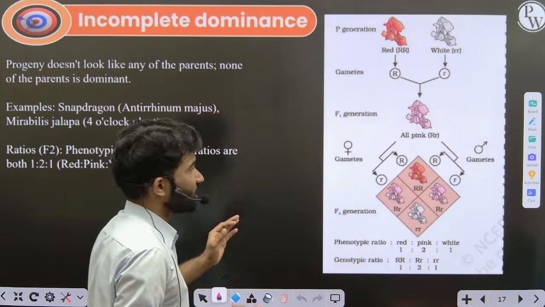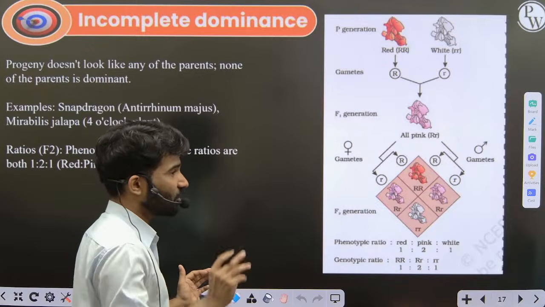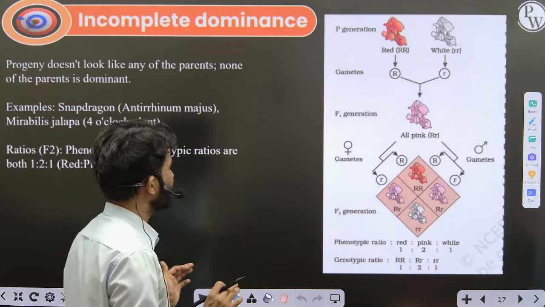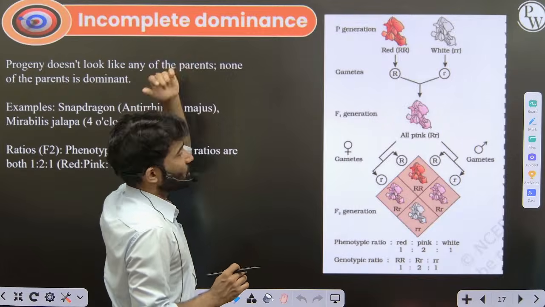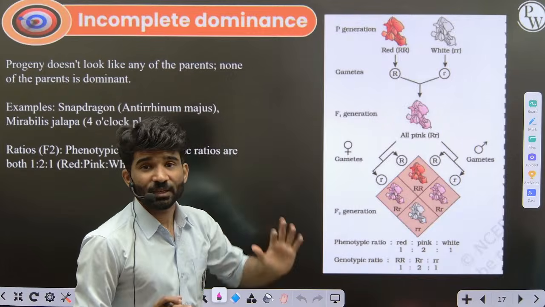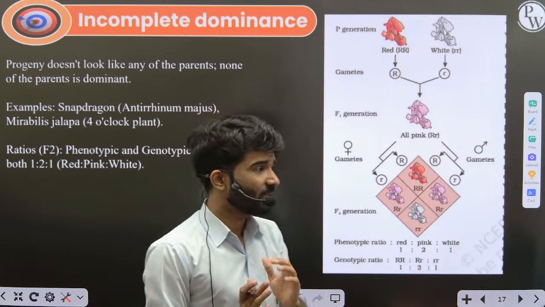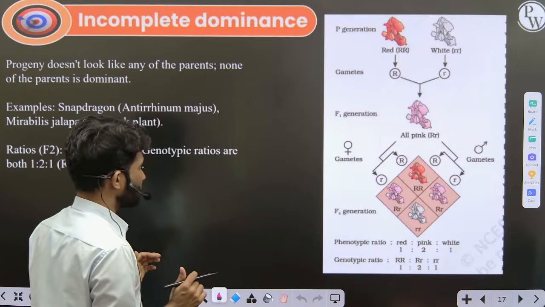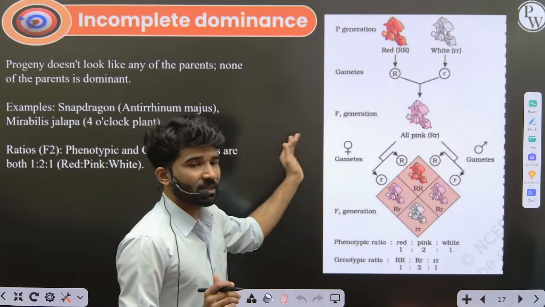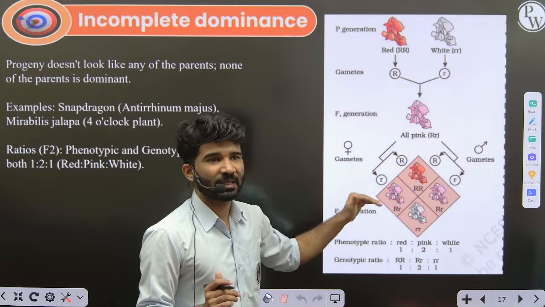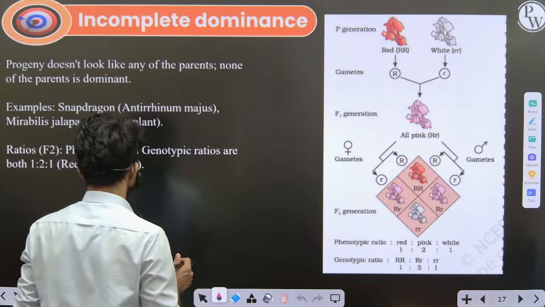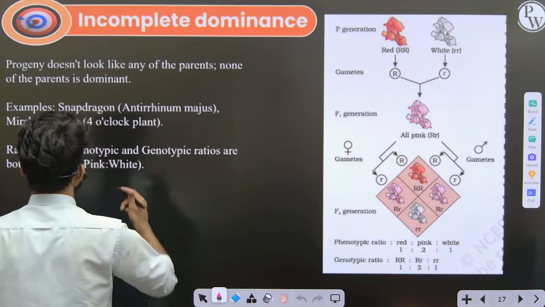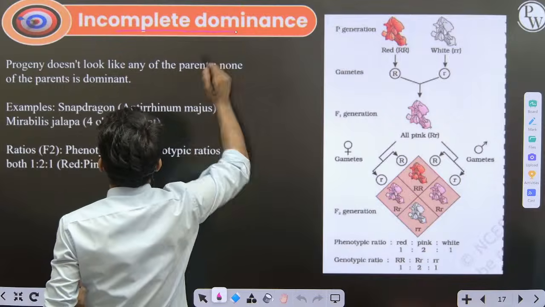But there is a deviation from Mendel's law, which is incomplete dominance. What is incomplete dominance? One of the alleles is not able to dominate completely, so another, intermediate trait will appear. That is what we call incomplete dominance.